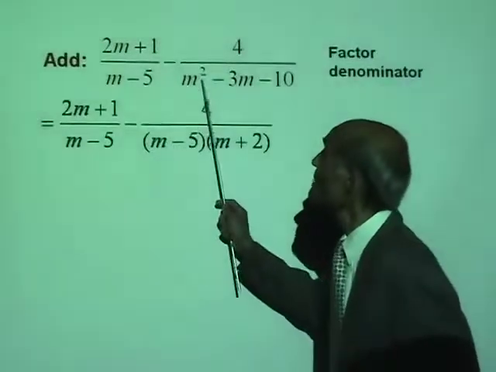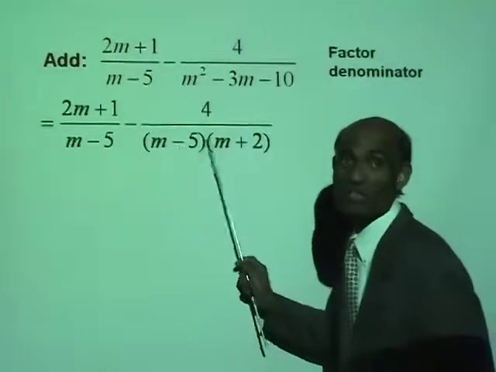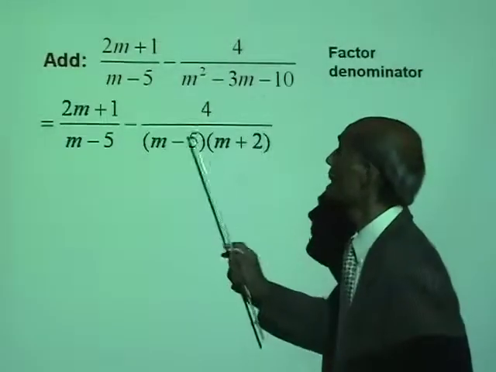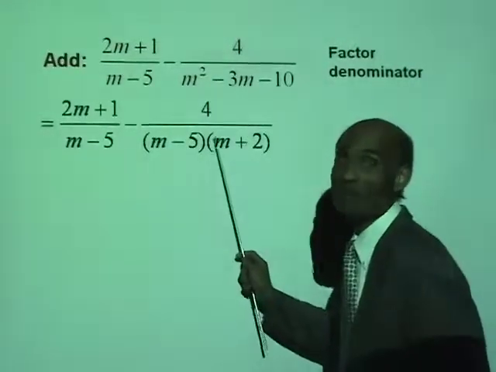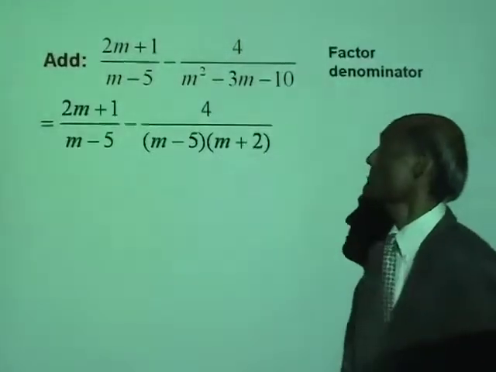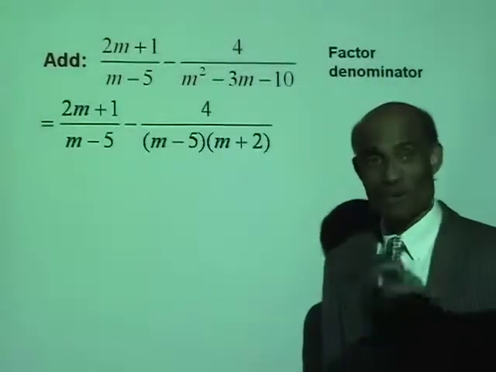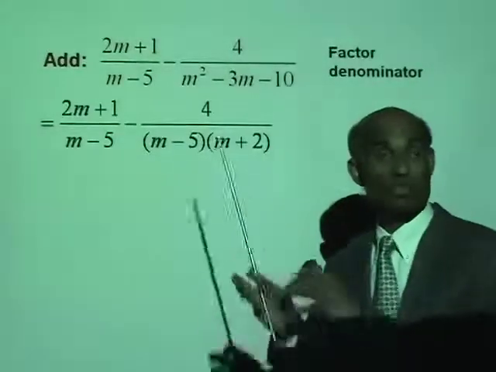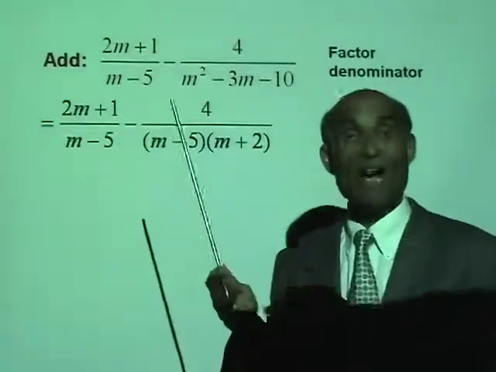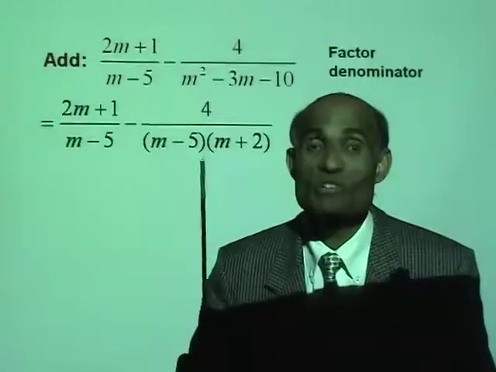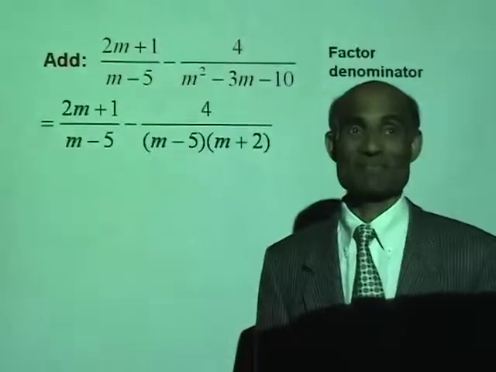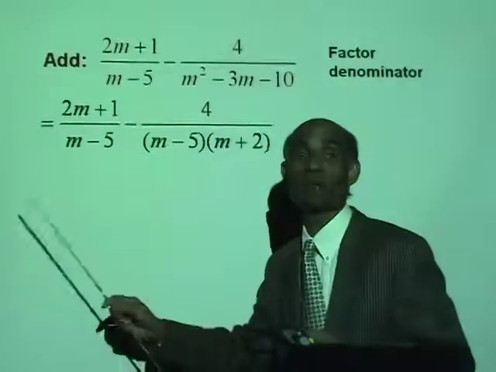The second denominator, we factored it in our mind, is that right? m squared minus 3m minus 10 is m minus 5 times m plus 2. Alright, now we have to pick the LCD using these factors. And we should pick all the factors without repeating. So what is the LCD, can you tell me?